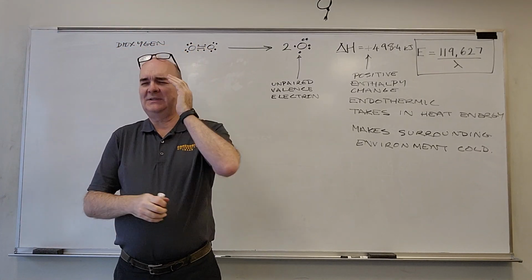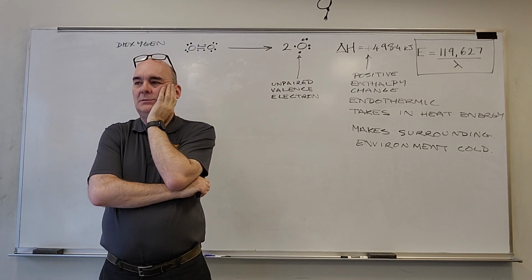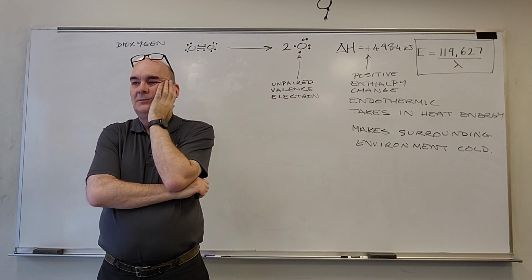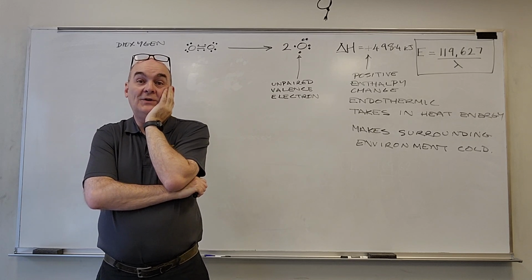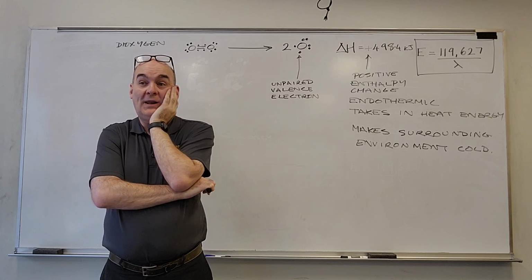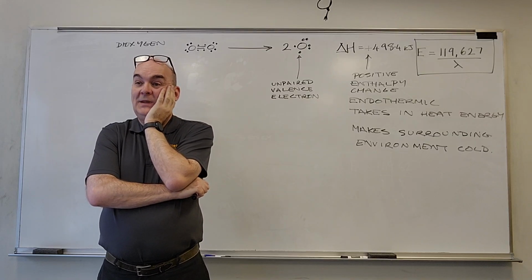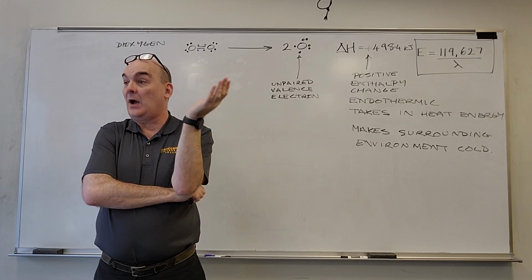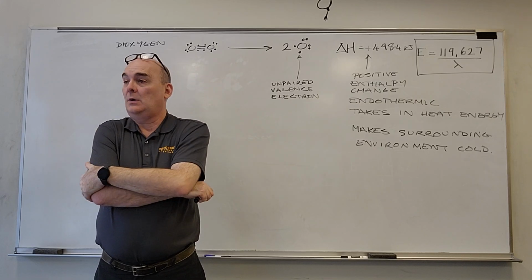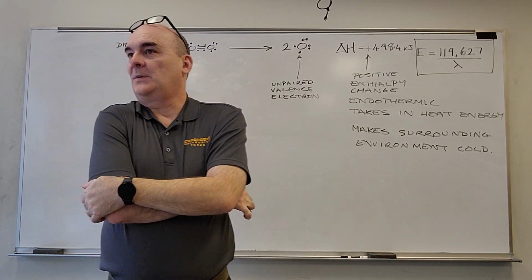All right, let's unpack that. What are valence electrons? The ones on the outside of the atom. The ones on the inside are called core electrons. Core electrons are not involved in chemistry. It's only the outside of the atom that interacts with the outsides of other atoms, and so only the outermost electrons are responsible for chemistry.